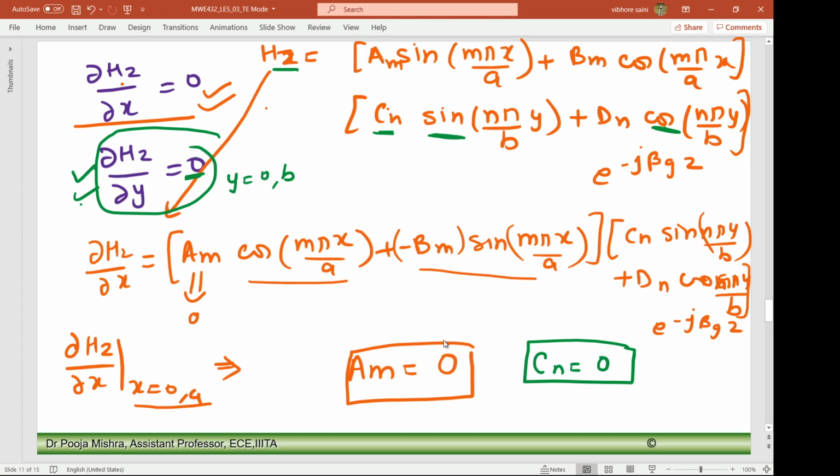Means after applying the boundary condition, the solution for Hz will be obtained. We know that there will not be any sinusoidal component in this Hz because of these constant values equal to 0.